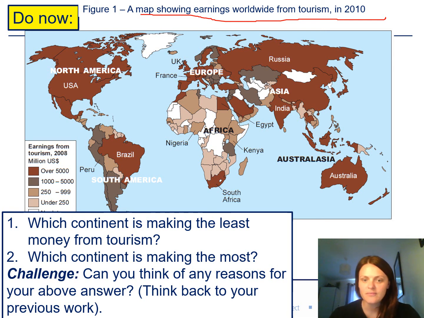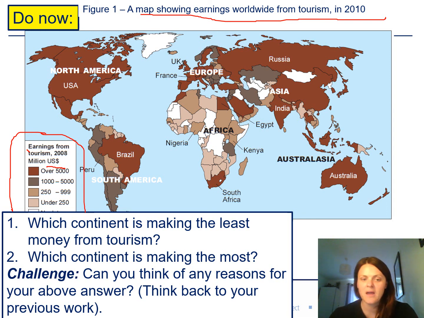So going out and visiting a beach somewhere, you can do that in the UK, or actually going on a holiday to a resort or a hotel or a safari or an adventure holiday, anything, and that is known as tourism. So you can see here you've got a key which shows what each of the colours of the map represent. And they show earnings from tourism in millions of US dollars.